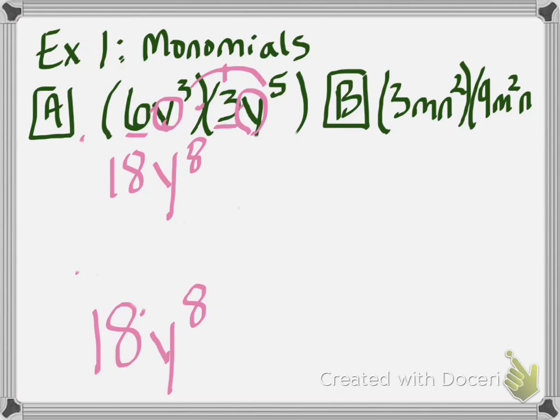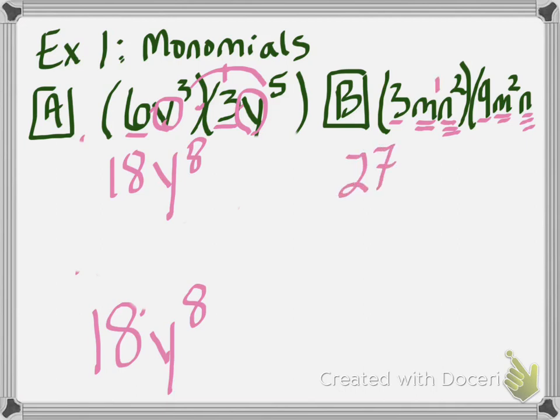For letter B, we have 3mn squared times 9m squared n. There's no addition, there's no subtraction, it's straight multiplication. So we can multiply each piece. We have 3 times 9, m with another m, and n with another n. 3 times 9 gives me 27.